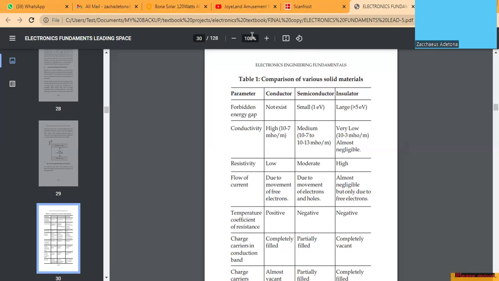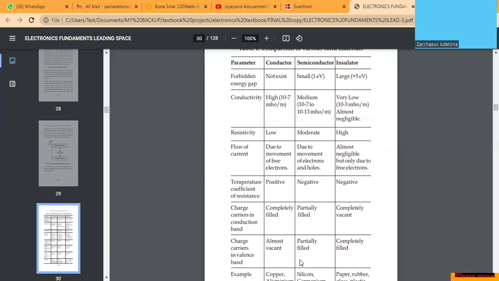Charge carriers in the valence band: for conductors, we have almost vacant, for semiconductors partially filled, and for insulators completely filled. So the valence band of conductors is almost removed, and almost all the electrons have gone into the conduction band.